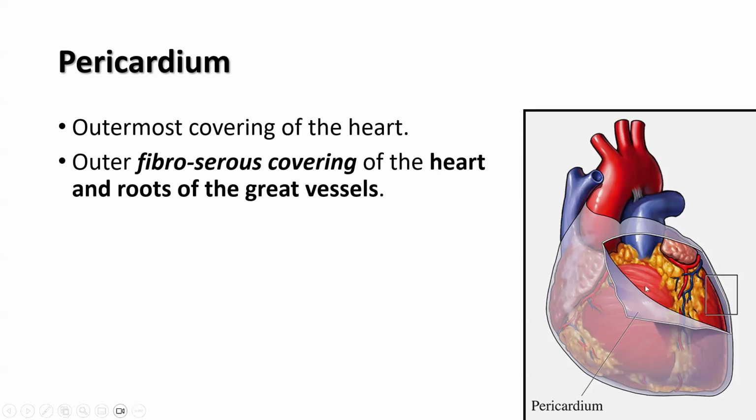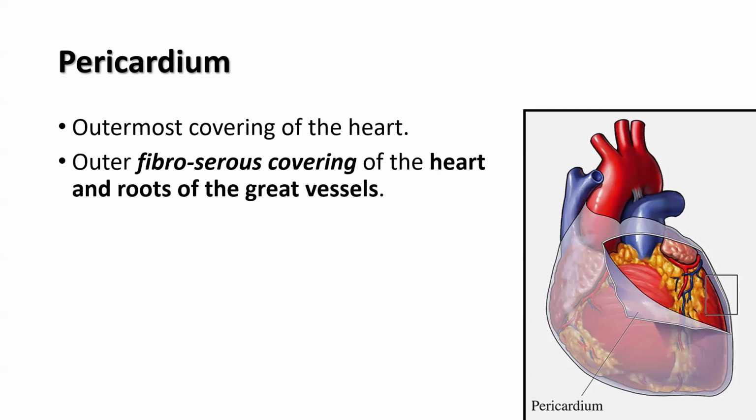It covers heart as well as root of the great vessels. We can see in this picture, this is the pericardium. Inside the pericardium, we can see here it is the pulmonary trunk. Here is the ascending aorta. Here is the superior vena cava. That means pericardium not only covers the heart, it also covers root of the great vessels.